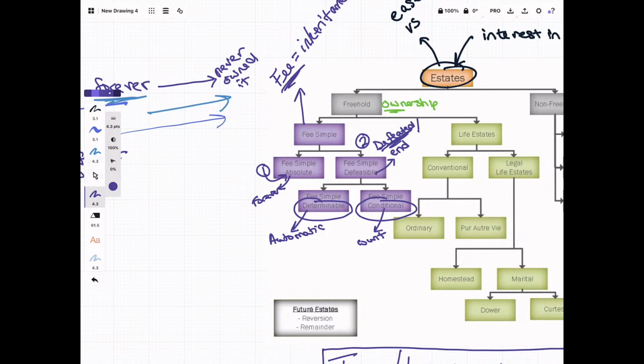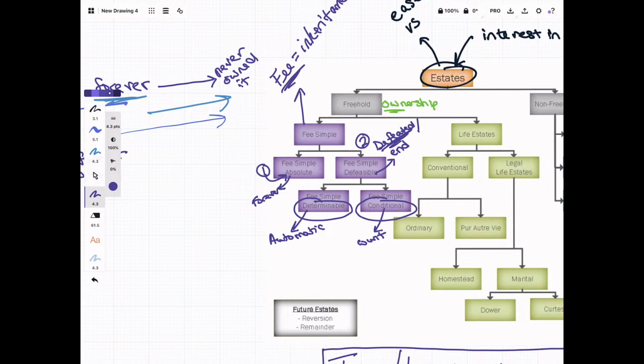One easy difference between these two is if my mother gave Gabby a fee simple determinable, she gave her some rule. And the rule was, don't have alcohol on it. If it's a fee simple determinable and she has alcohol, Gabby's interest automatically ends.